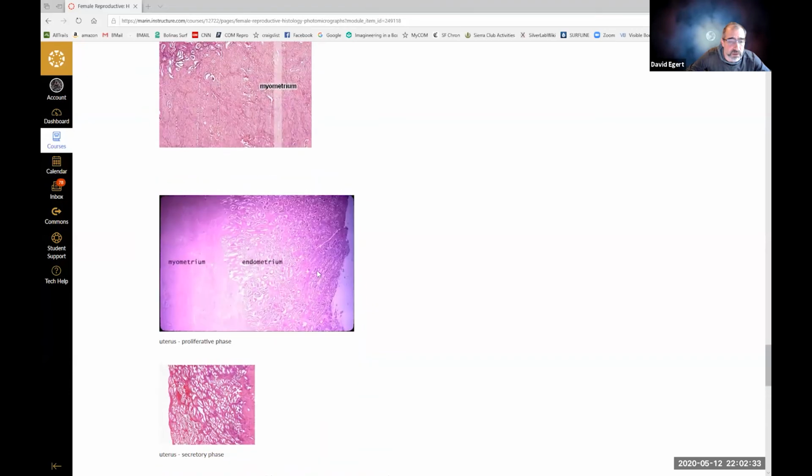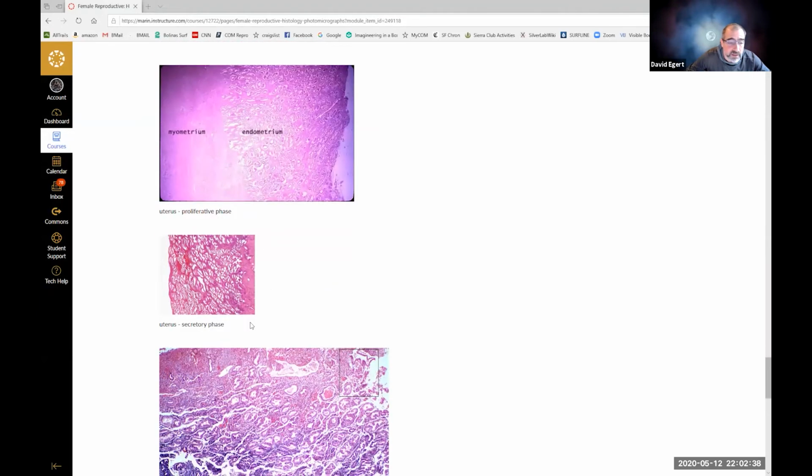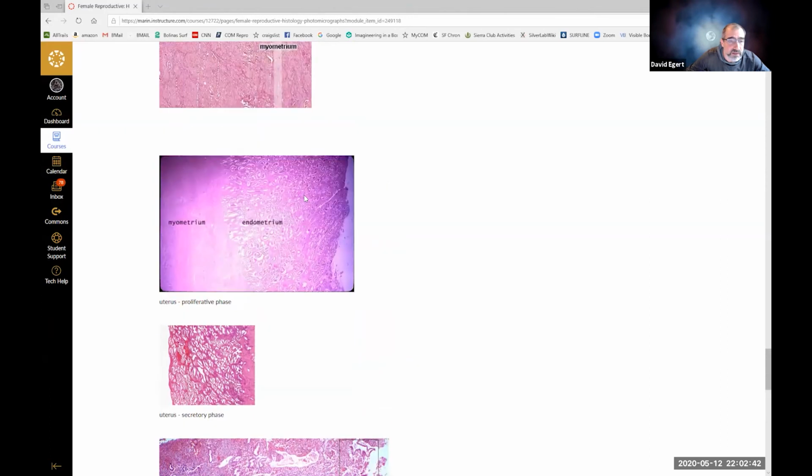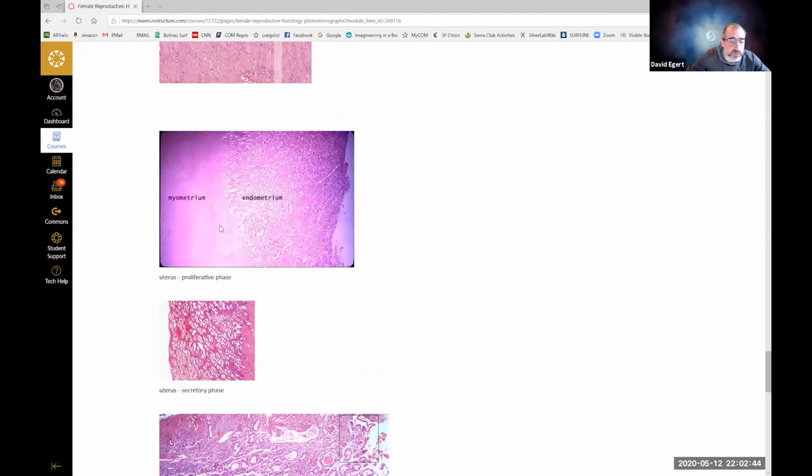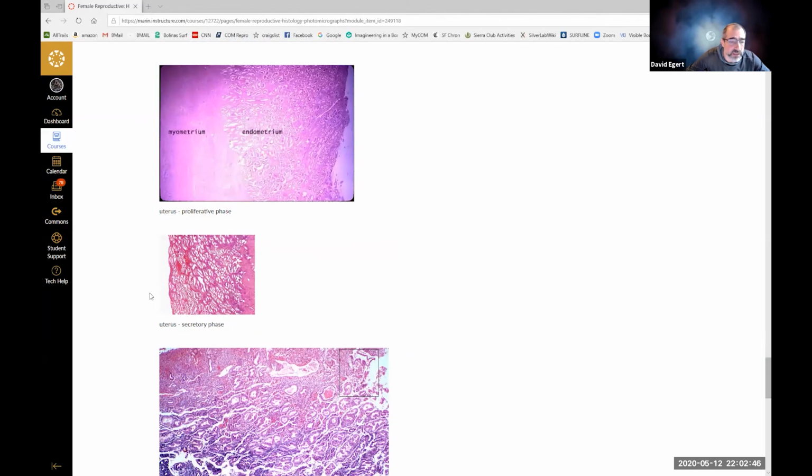let me get rid of this one. Here is secretory phase where you can see here we're just starting to grow. Here we got a really big, well-developed bunch of glands up above the myometrium.